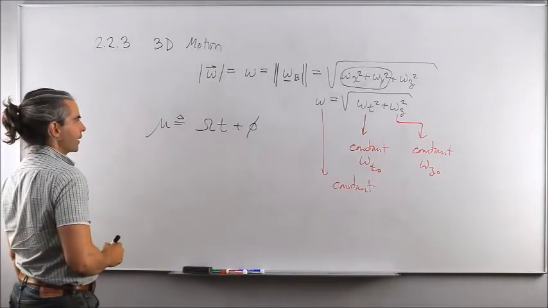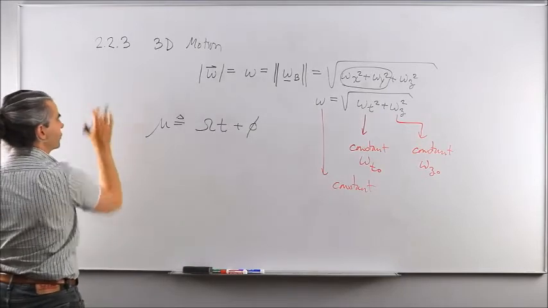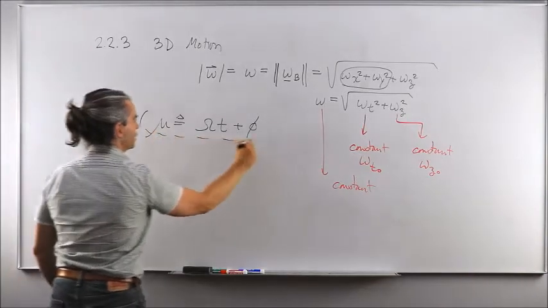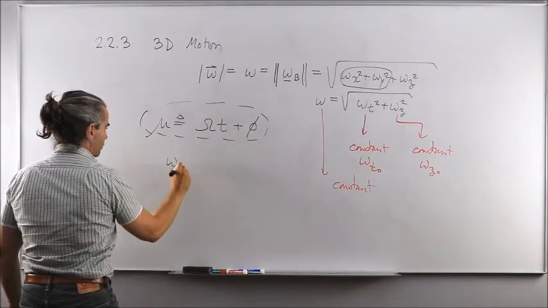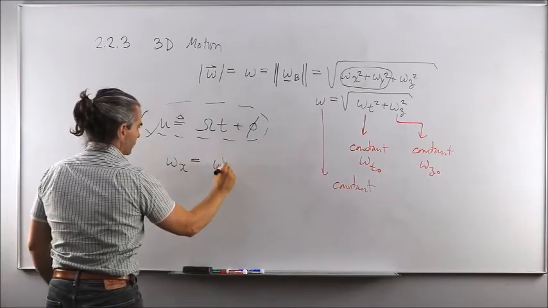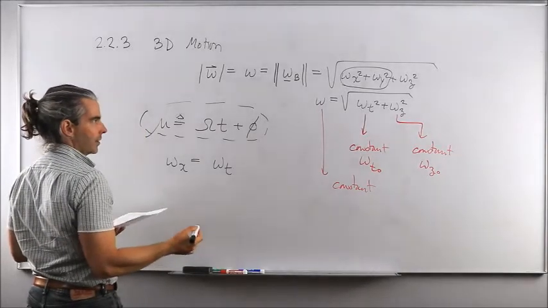Remember that? Such that if you go back to the analytical expressions we had obtained in 2.2.2 for omega x and omega y, making use of this new angle means that we're going to write omega x equal to omega t, or omega t naught, doesn't matter, it's the same thing, right?